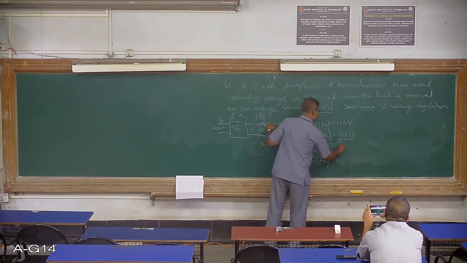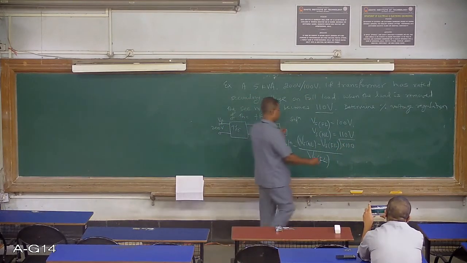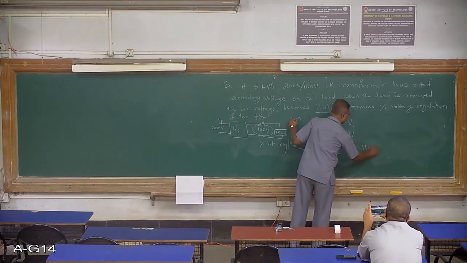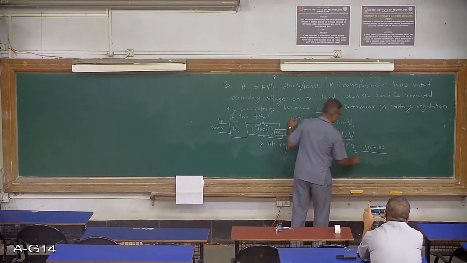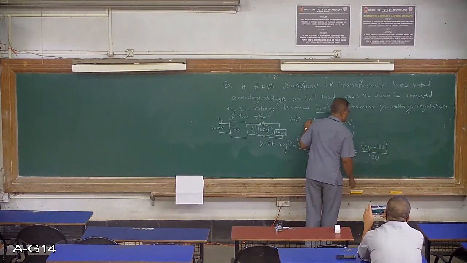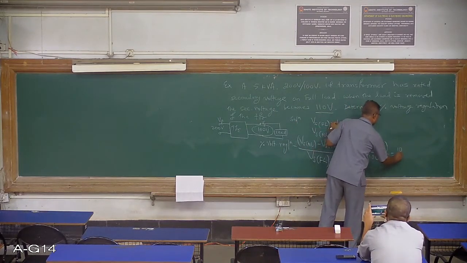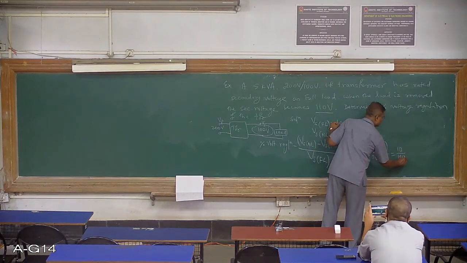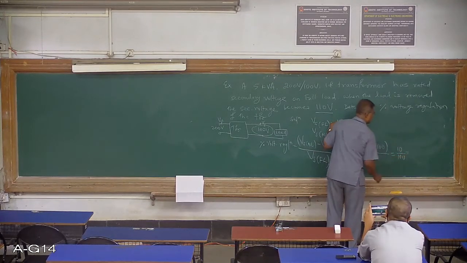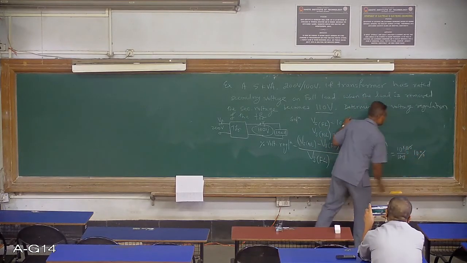So accordingly, we can calculate. So substitute: 110 minus 100 divided by 100, that is 10 divided by 100 into 100, that is 10%. Okay.